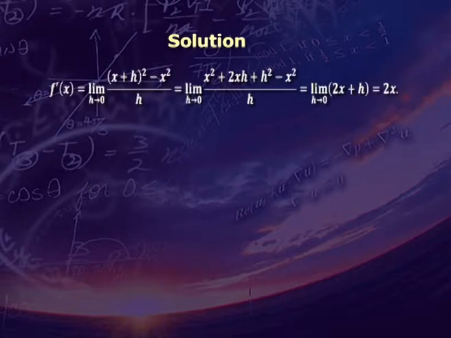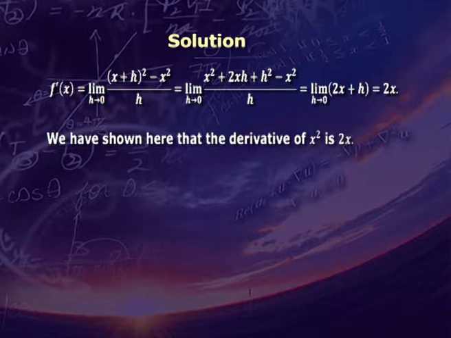Solution: here f dash x is equal to the limit of (x plus h) whole square minus x square upon h as h goes to 0, which is equal to the limit of x square plus 2xh plus h square minus x square upon h as h goes to 0, which is again equal to the limit of 2x plus h as h goes to 0, which is equal to 2x.